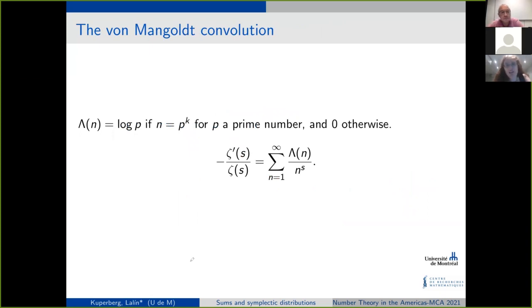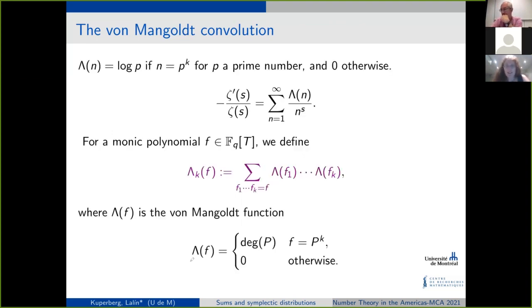Let me mention that we also look at the von Mangoldt convolutions. The von Mangoldt function is given by log p if we have a power of a prime p and 0 otherwise, and shows up as coefficients of minus zeta prime over zeta. We can extend this to monic polynomials in the obvious way.